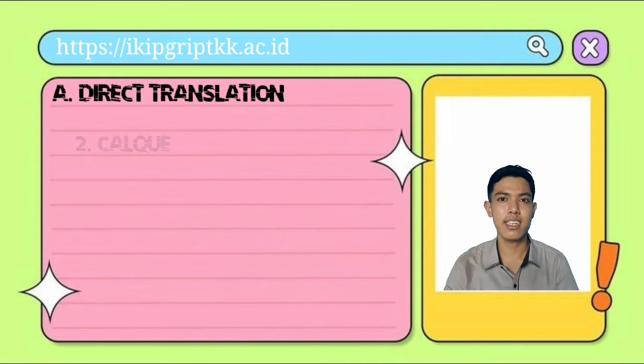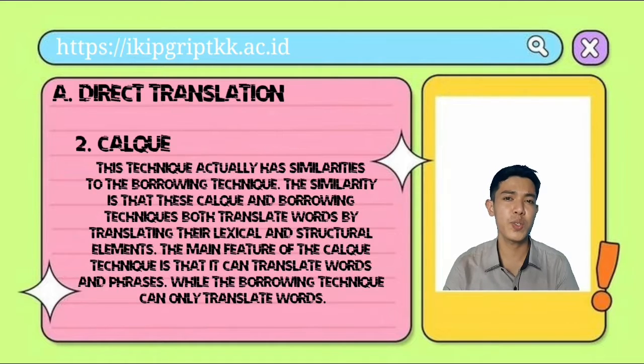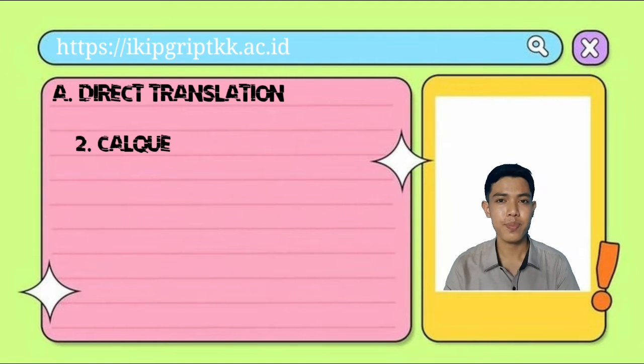Well, the second technique is calque. This technique actually has similarities to the borrowing technique. The similarity is that calque and borrowing both translate words by translating the lexical and structural elements. The main feature of the calque technique is that it can translate words and phrases, while the borrowing technique can only translate words.